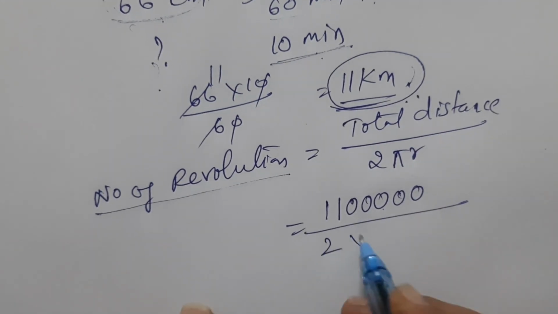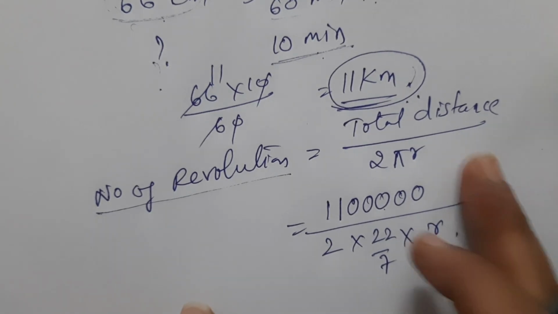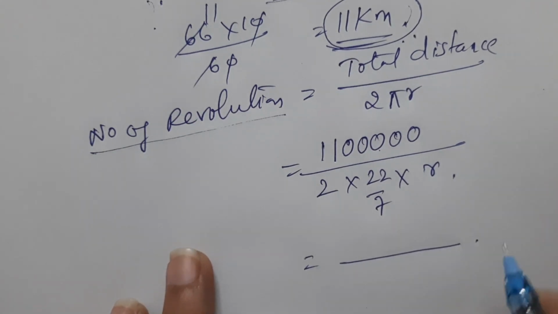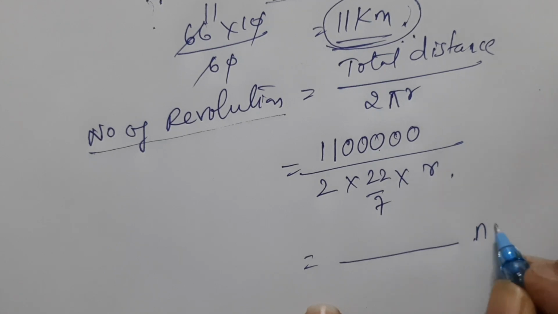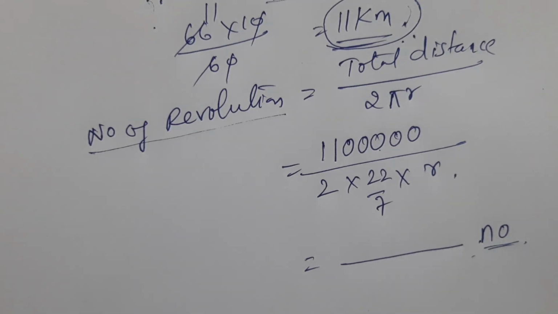Now circumference is 2 times 22 by 7. Whatever the value of radius will be given, put that and complete your calculation. In this way you can get the number of revolutions. As we are finding a number, don't put any unit, the answer should simply be the number. So this is the whole chapter.